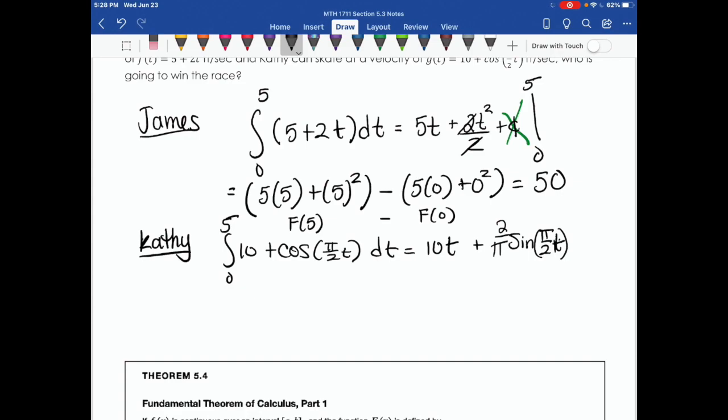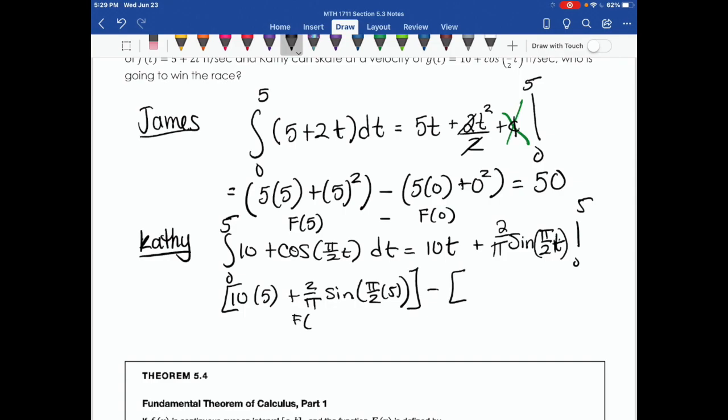Okay, now I'm going to evaluate that from 0 to 5. So when I plug in 5, I'm going to get 10 times 5 plus 2 over pi times sine of pi over 2 times 5. Now I'm going to subtract. So this is my big F of 5.